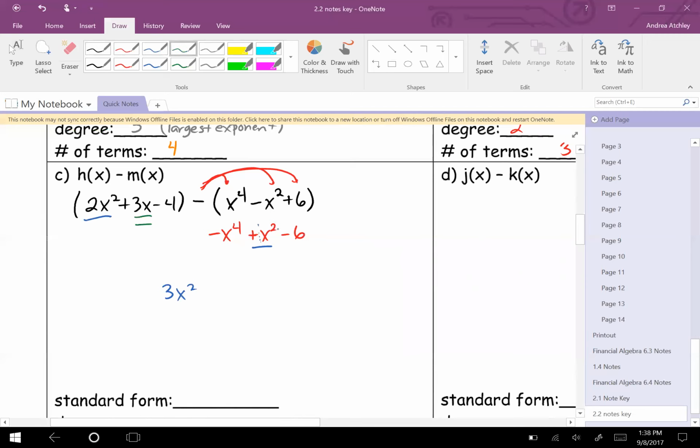The 3x, and there isn't one over here, so I'm just going to write down the 3x. Then the negative 4 and the negative 6 is negative 10. And then don't forget about that negative x to the 4th. Okay, so that's it in standard form.